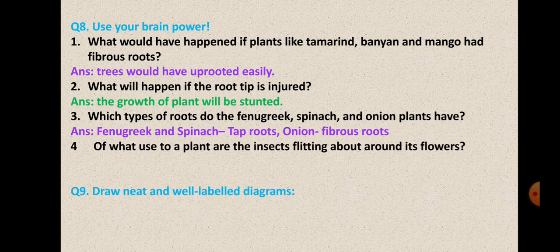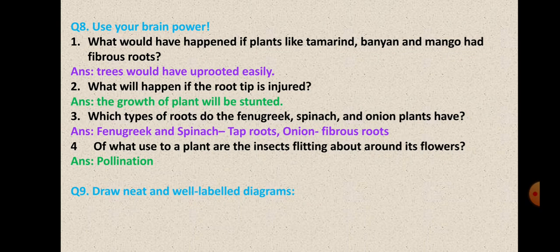Okay, fourth one is, of what use to a plant are the insects flitting about around its flowers? What important function do the insects perform? They come and sit on the flowers. That is pollination. And what is pollination? Yes, try to remember, students.